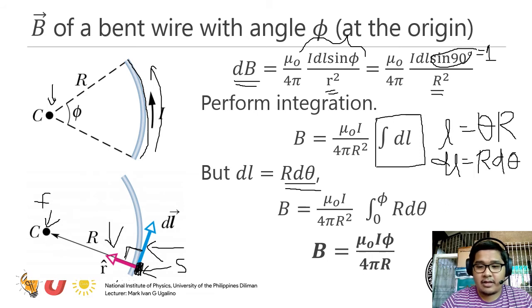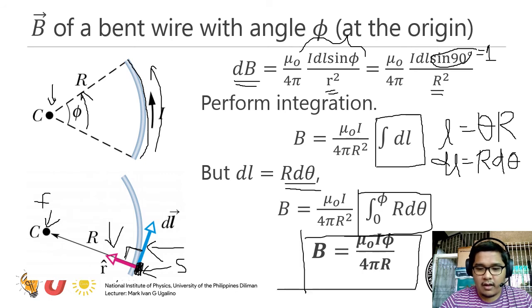If you integrate that from 0 to phi, where phi is this opening angle, or this subtended angle, what you get is an expression equal to mu naught I phi over 4 pi r.